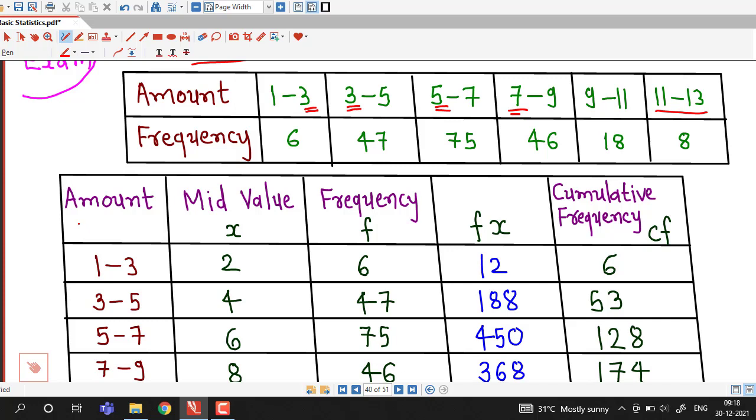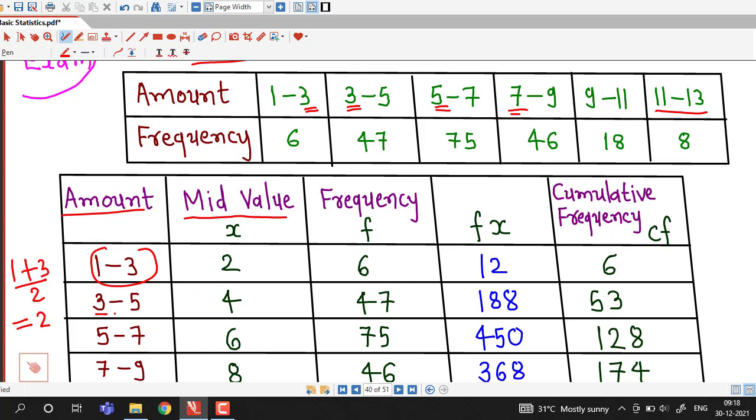In the first column I have written the classes, which are 1 to 3, 3 to 5 and so on. Here I have written the mid value of each class. The mid value of the class 1 to 3 is the average of lower limit and upper limit, that is 1 plus 3 by 2, and it is 2.